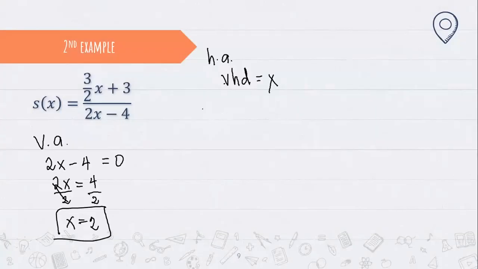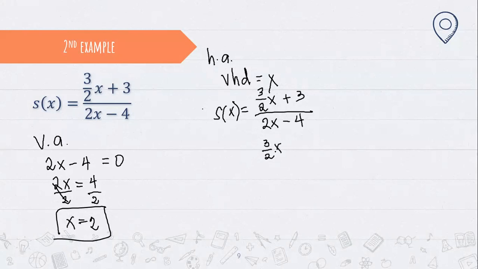Anyway, ayan na siya. So, kung yan yung variable with the highest degree, which is x lang, i-divide natin yung kada term. Kunin muna natin yung function. So, we have s of x is equal to 3 over 2x plus 3 all over 2x minus 4. Divide by x. So we have 3 over 2x over x plus 3 over x all over 2x over x minus 4 over x.